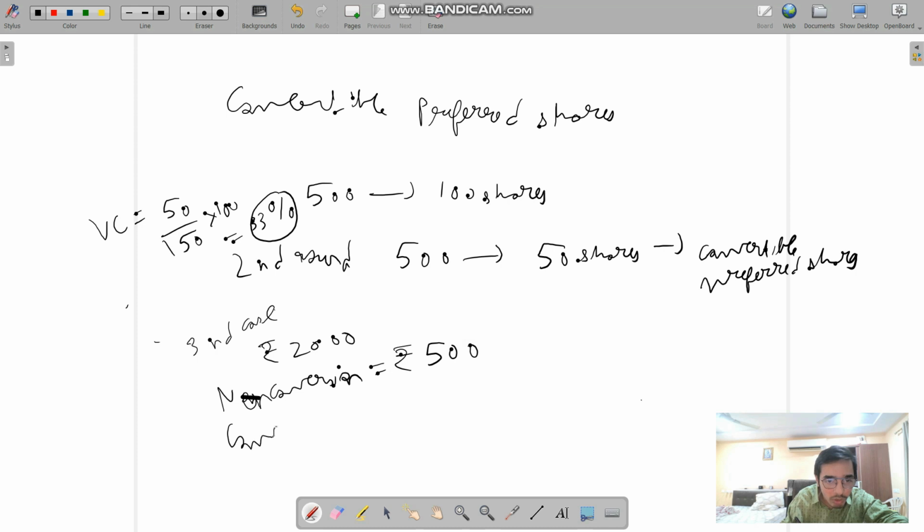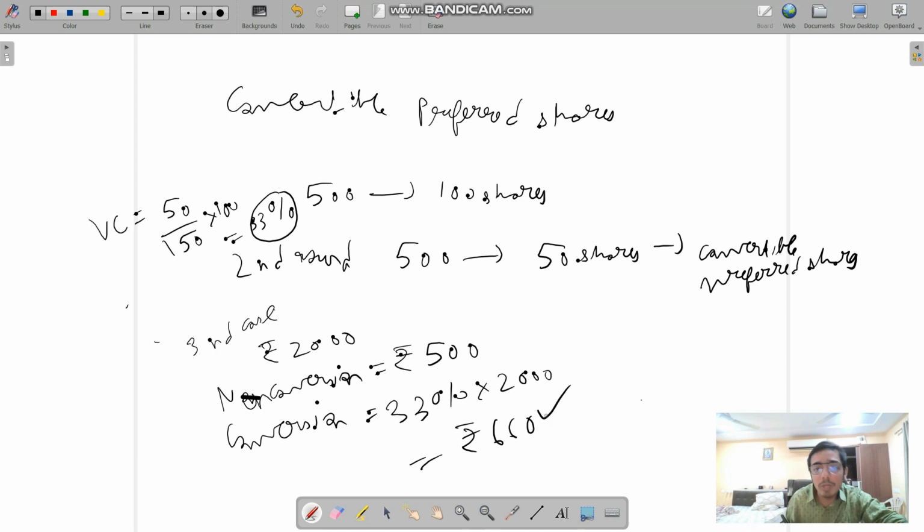But now in case of conversion, I'll be getting 33% of 2000 rupees, which comes to rupees 660. So in this case, it will be prudent for me to convert my convertible preference shares to common equity. All right, so let's start with the next topic.